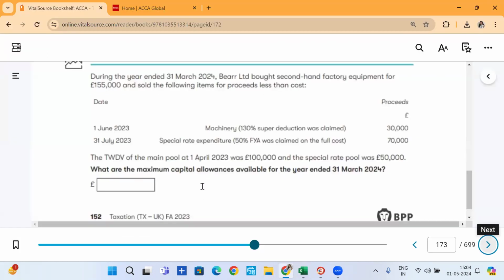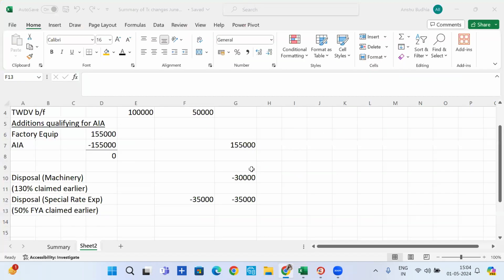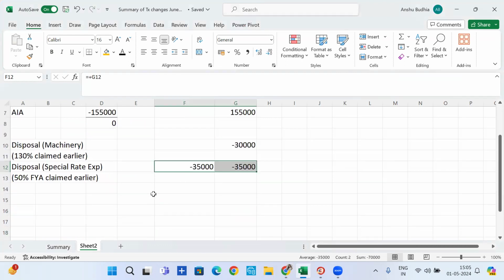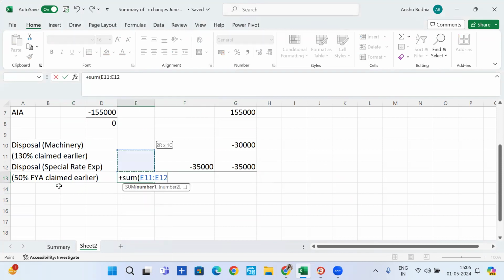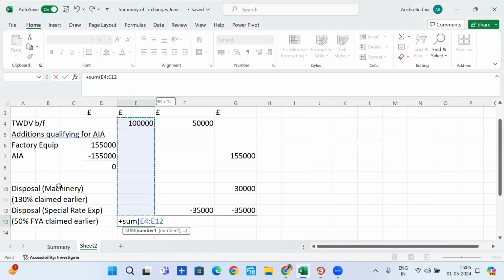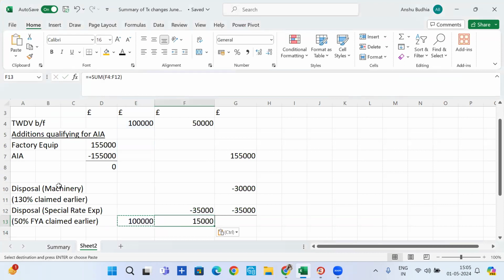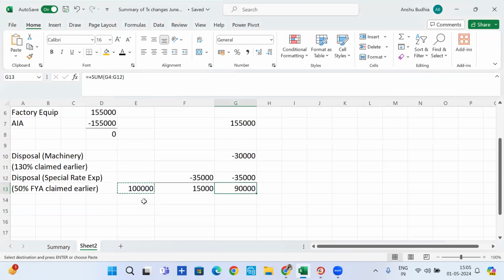Now, do we have any other transaction? No, we don't have. Since we don't have any other transaction, so now we are going to balance the pool. Okay, now we are going to check the totals. Okay, we've got the changes.